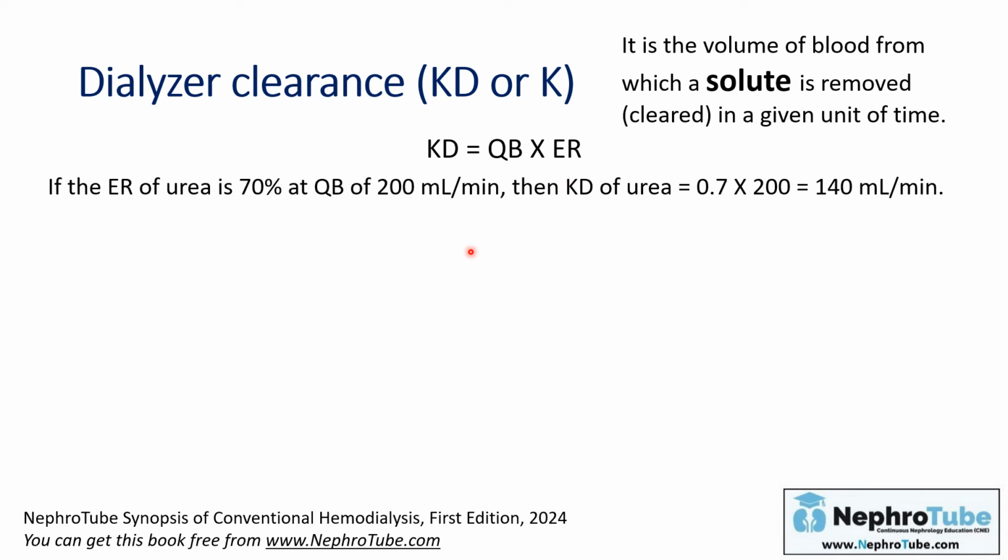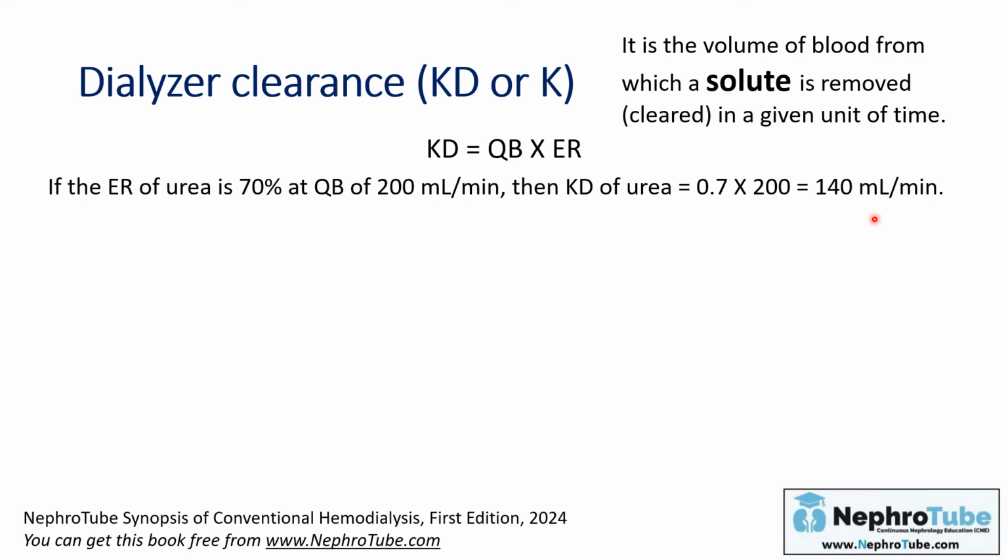Let's take a real example. If you have urea with extraction ratio 70% at a blood flow rate of 200, the dialyzer clearance will be 0.7, which is the extraction ratio, multiplied by 200, so it will be 140 ml per minute. So the dialyzer clearance is 140 ml per minute.